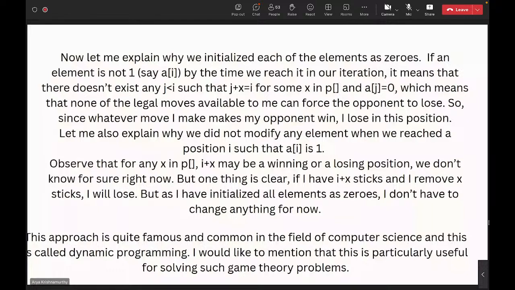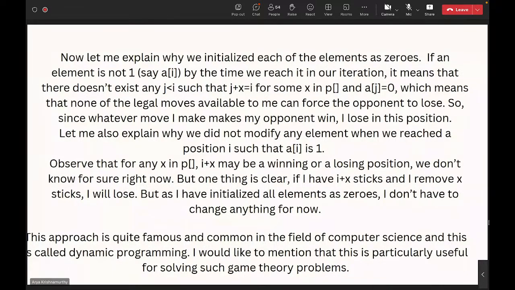Also, let me explain why we did not modify any element when we reached a position I such that A of I is 1. Observe that for any x in P, I plus x may be a winning or a losing position, which we don't know for sure right now.